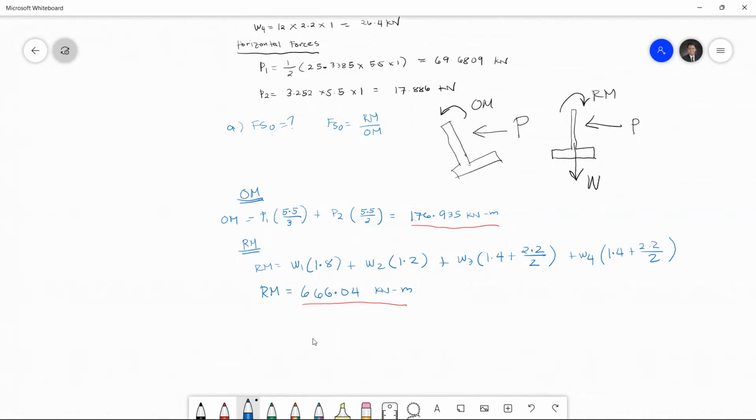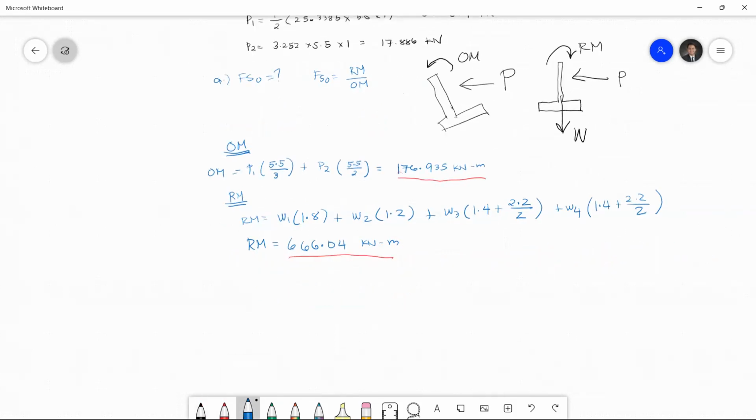So therefore, the solution or the answer for problem A: the factor of safety against overturning is equal to 666.04 divided by 176.935.